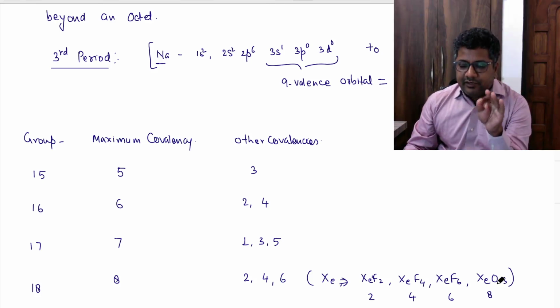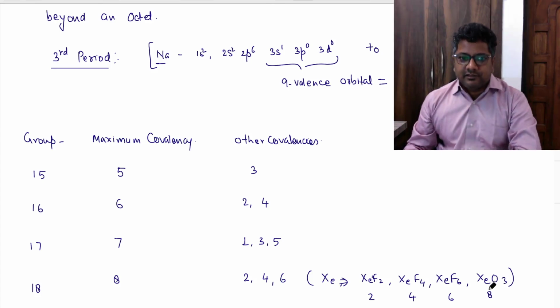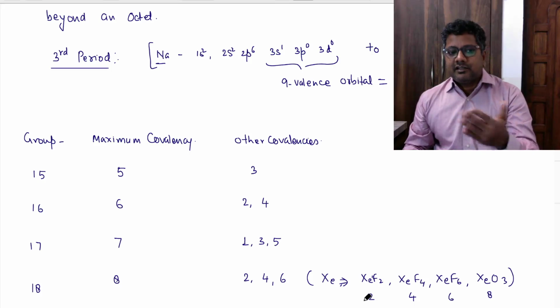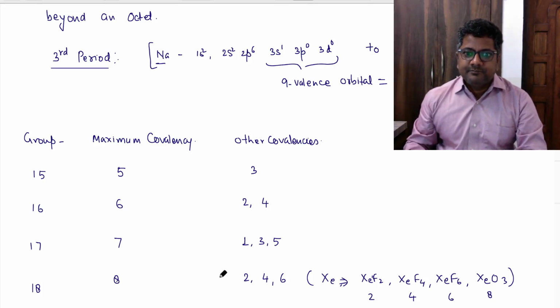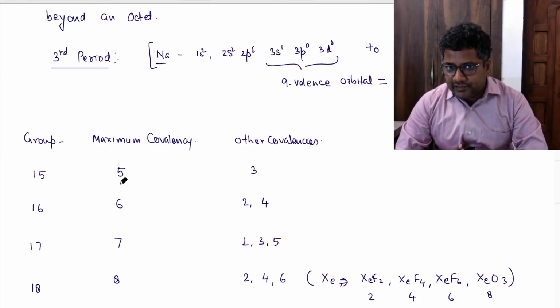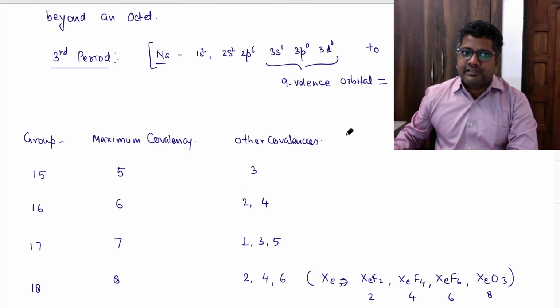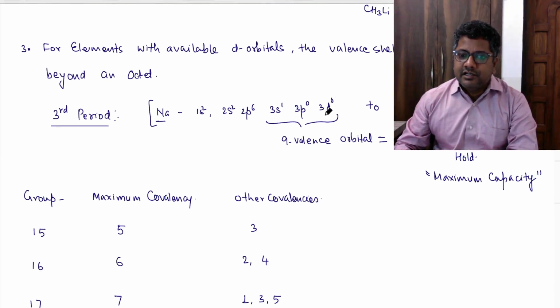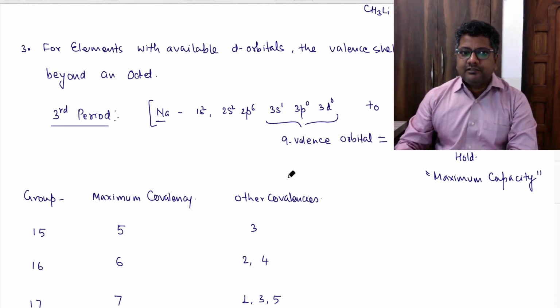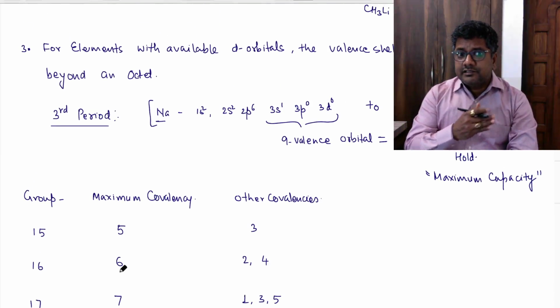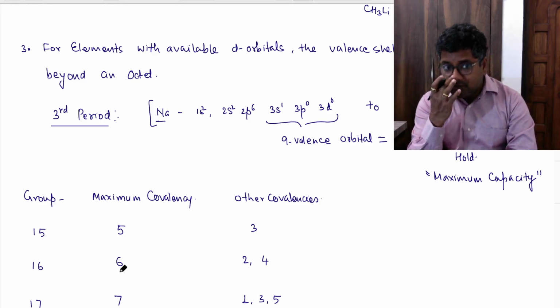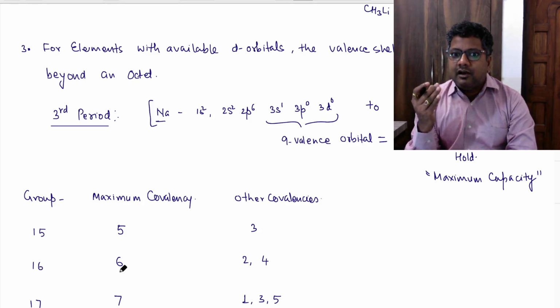I will differentiate between them. Covalency and coordination number are different terms. In some cases they may be the same, but in some cases they may be different. So see, group 15 has a maximum covalency of 5, and this covalency of 5 you cannot achieve without the participation of the 3d orbital, right? In the third period you have d orbitals, because the d orbital starts from the third period.